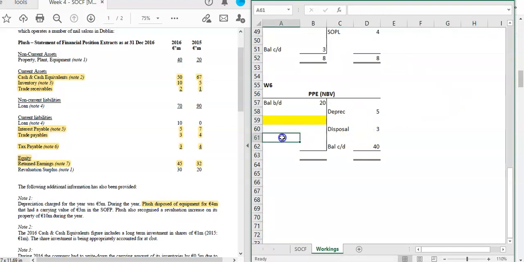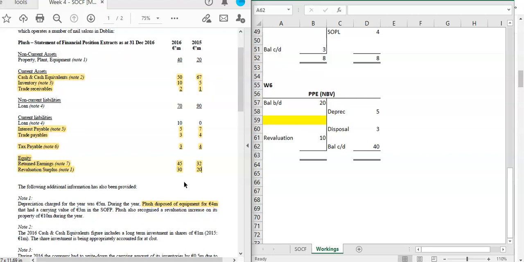And the other thing we also had there was a revaluation, and that is a revaluation of 10 million. That explains that reval surplus going up. Now, some of you might say that's not really how we do a revaluation gain. Well, remember, we're looking at cost and accumulated depreciation together. So technically it is kind of similar. Instead of netting one against the other, we're just looking at the net increase.